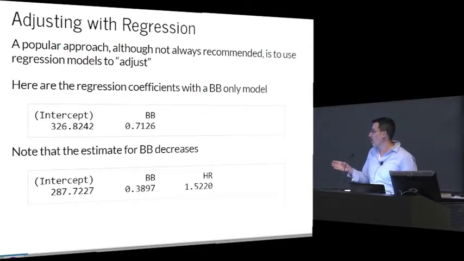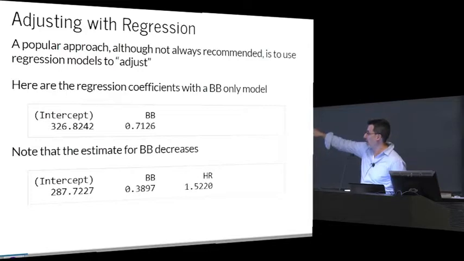So in epidemiology, the most common way to try to adjust, and I put adjust in quotes because it's a model assumption that might not be right, is to include both variables in a regression model. So in our case, if we fit a model that only has base on balls, it tells us that every extra base on ball gains you 0.7 more runs throughout a season. That's what the regression model gives you with just those two.